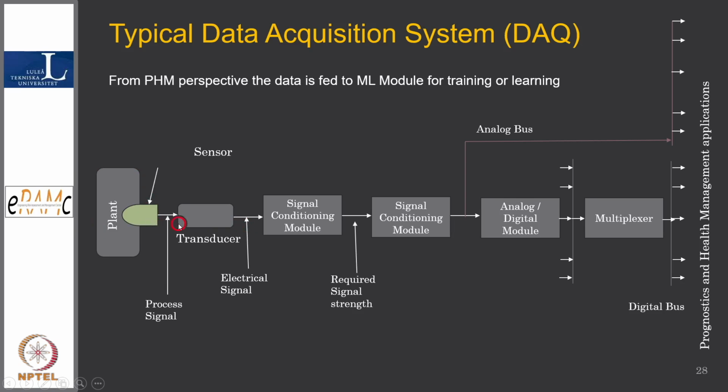And if the signal is not in the required format, then I have to use a transducer, as I mentioned. So the electrical signal analog output is there from here, and then I will do signal conditioning before I feed it to the signal conditioning module.